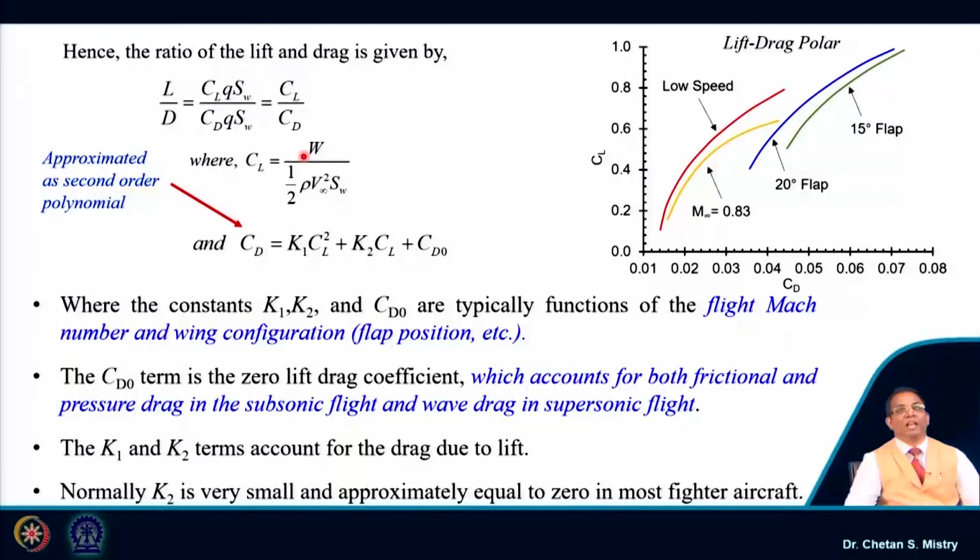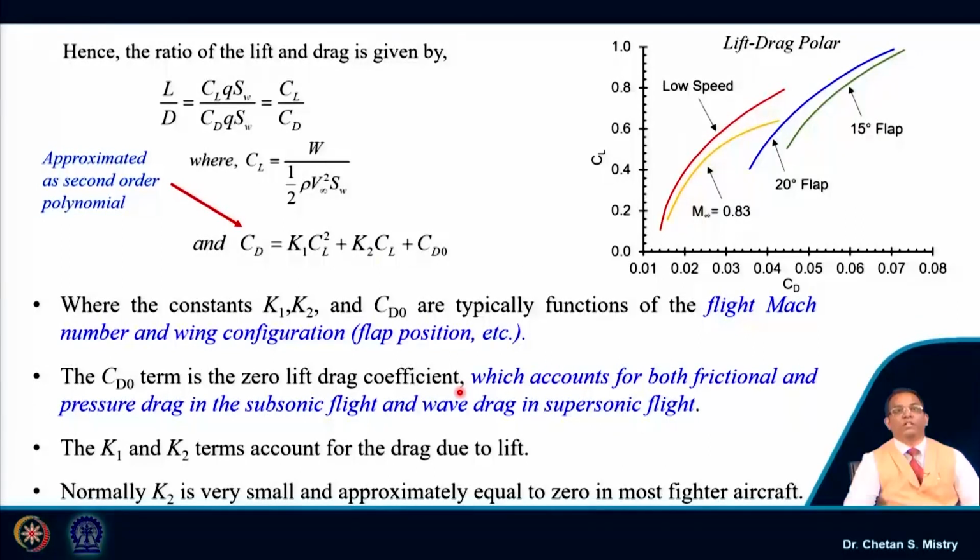Now, this CL and CD are my aircraft characteristics. CD can be calculated with this formula: K1 into CL square plus K2 CL plus CD0, where K1, K2 and CD0 are functions of my flight Mach number and wing configuration. Here, if you look, this represents the effect of flight Mach number with different flap angles.